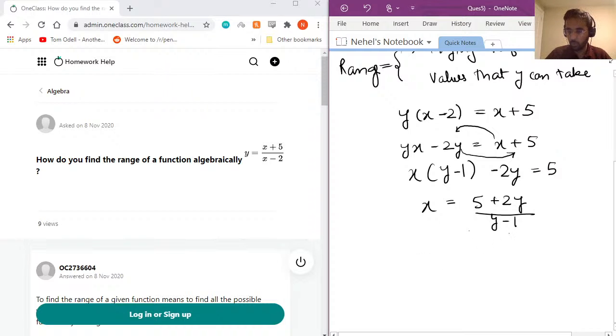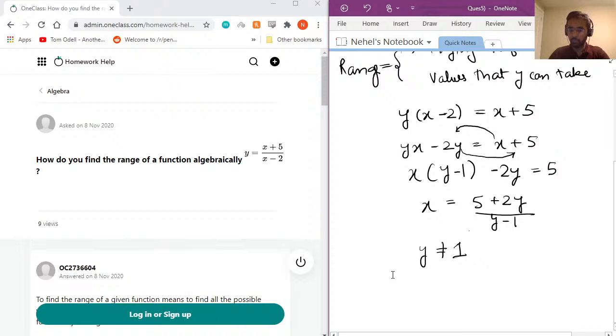Because when y equals 1, this term becomes 0, and any number divided by 0 is undefined, so that would be a problem. So y cannot be equal to 1. That is the only number which would pose a problem. All of the other numbers are part of the range, whereas y equal to 1 is not part of the range.